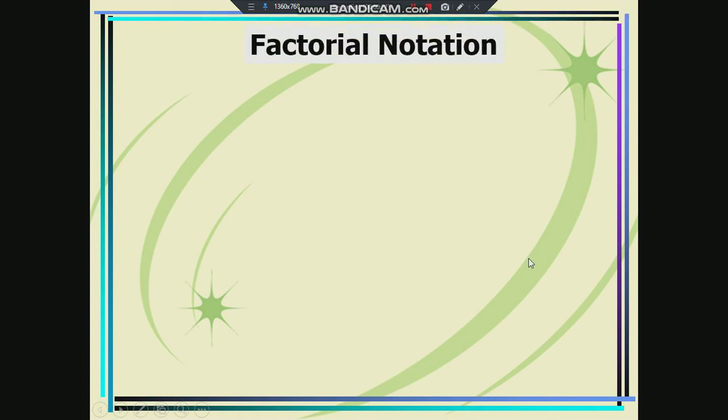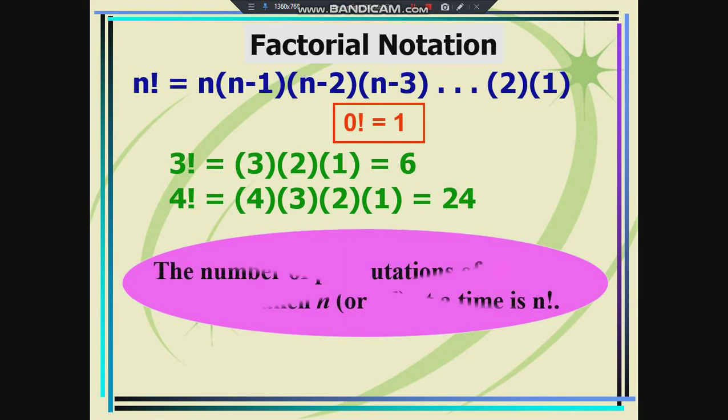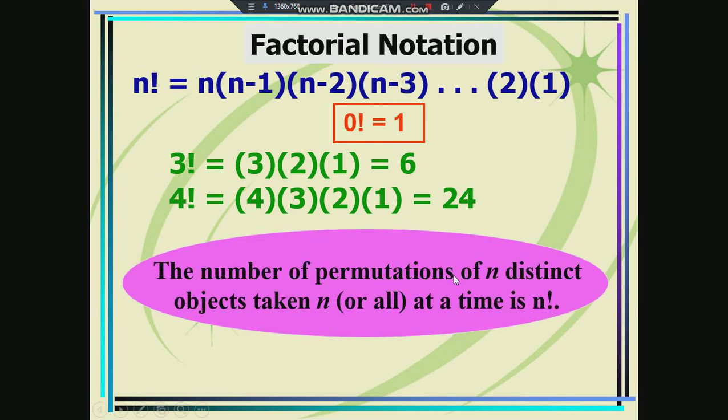So as a review, last time what we have is the factorial notation, which is the number of permutations of n distinct objects taken n or all at a time is n factorial, or n permutation n equals n factorial.